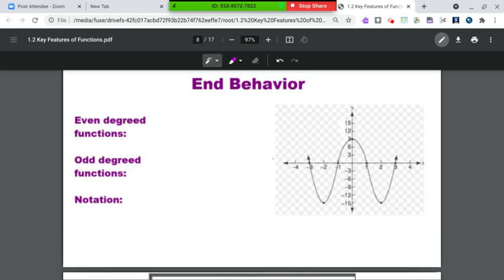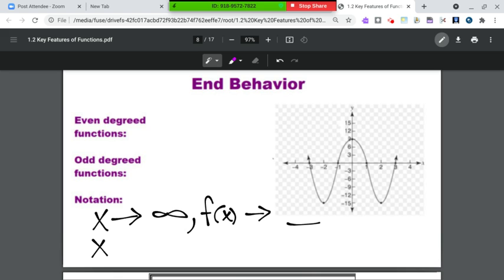This is how I typically read it. As x approaches positive infinity, f of x approaches, so y approaches, and then you fill in the blank. And as x is going toward negative infinity, y is going toward, and then there's a blank. So this is your notation that you'll see for end behavior.